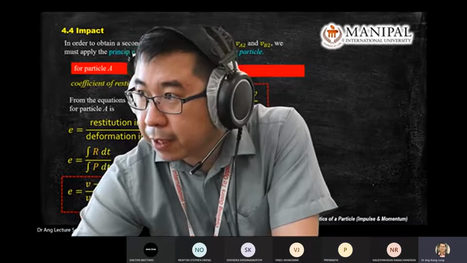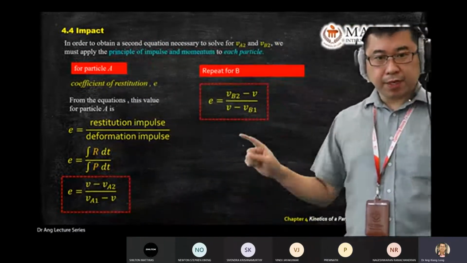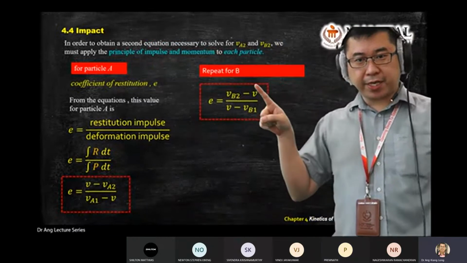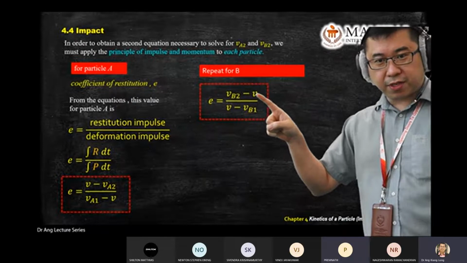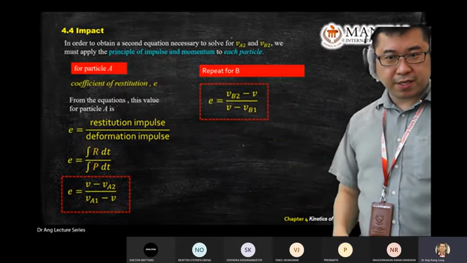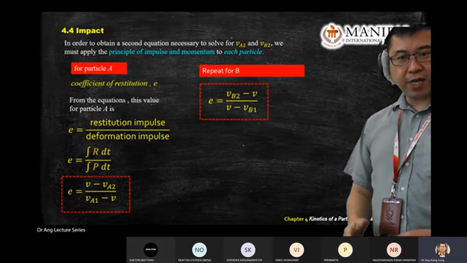Yes, sir. Okay Prem, from these two equations, can you explain what you understand about this term V? What is this V? It was taken during the maximum deformation. Okay, so what is that speed?